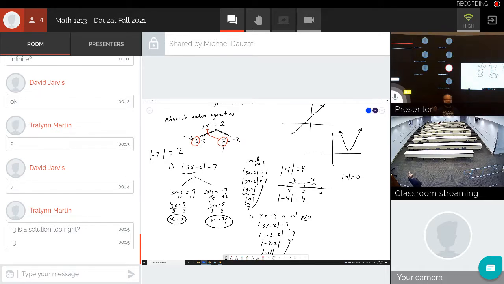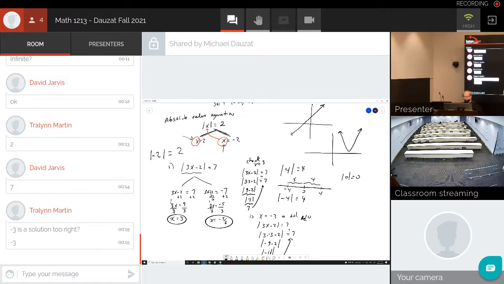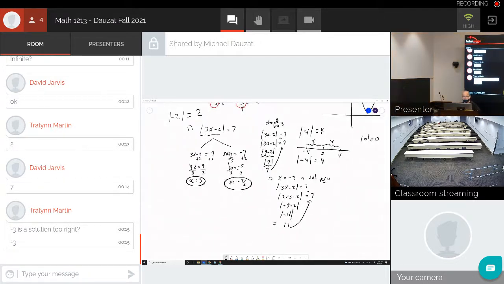Let's check the negative 5/3. Let's just verify that's true. So let's just check it. I'm going to go ahead and check it right here. We're going to check x equal negative 5/3. Just to show you what you would do. So you always go back to the original equation. What's the original equation?